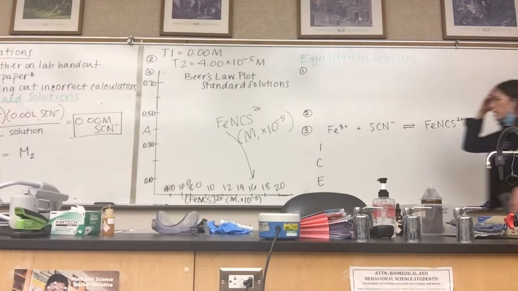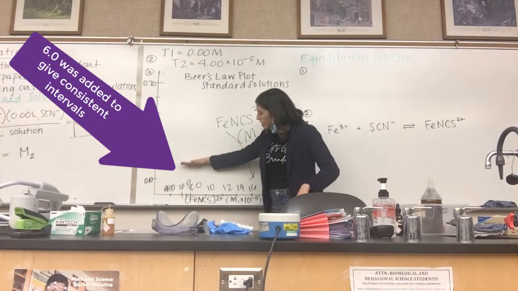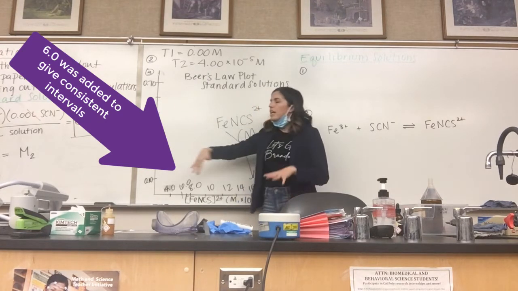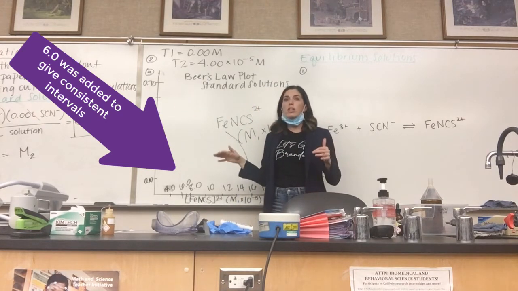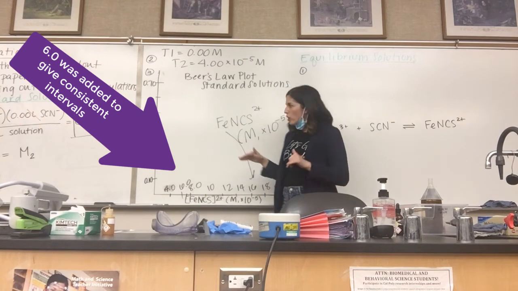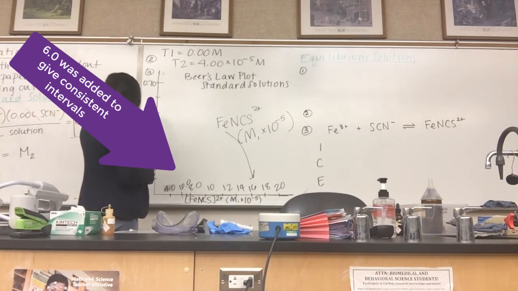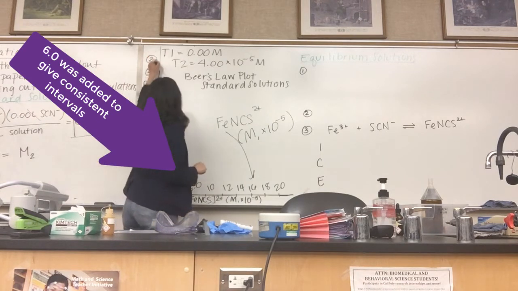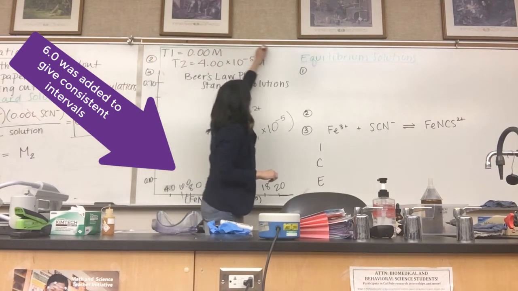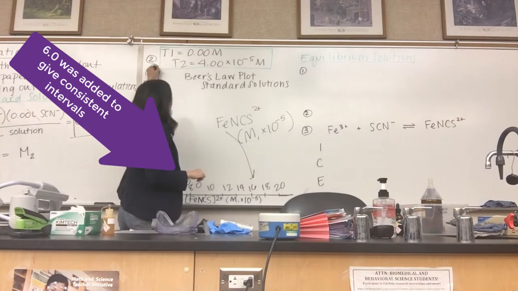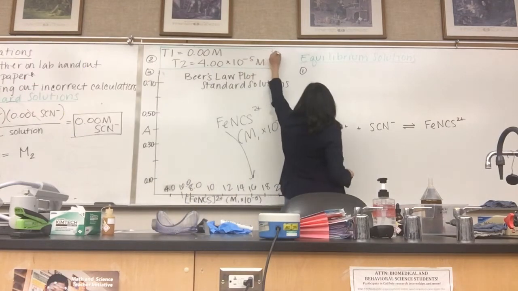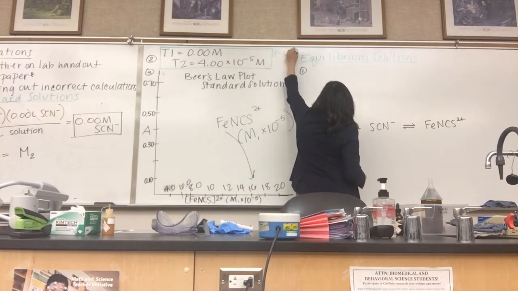Okay, so again, you've set up your graph. You have your x-axis, you have your y-axis. Now you're going to start plotting your values to make your Beer's Law plot. So where do those numbers come from? Your x values are up here. So these all in number 2, your answers for number 2 are your x values.